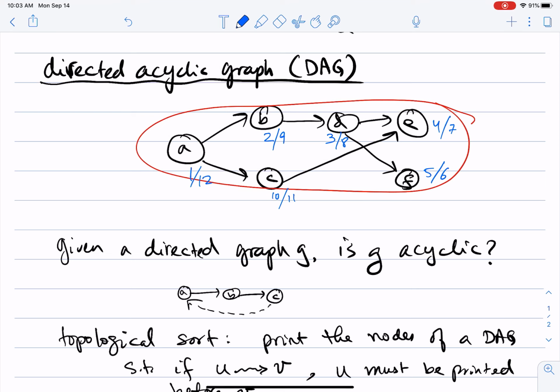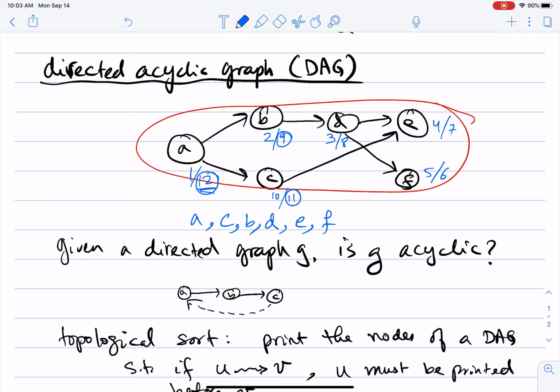So if you look at A, which is the one that should be printed before everything else, its finish time was the highest. So I can go now by decreasing order of finish time. 12, I can print A, then 11, I can print C, then I go to 9, which is B, then 8, which is D, then I go to 7, which is E, and 6, which is F. And this is another topological sort order that will work for this DAG.